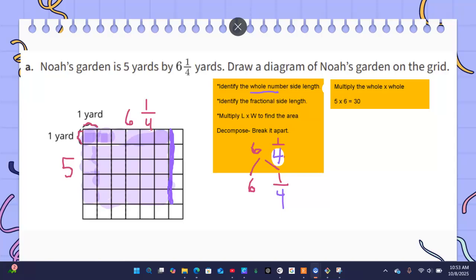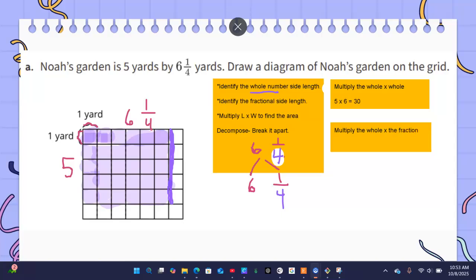Next, I'm going to multiply the whole times the fraction. Remember, we decomposed, right?